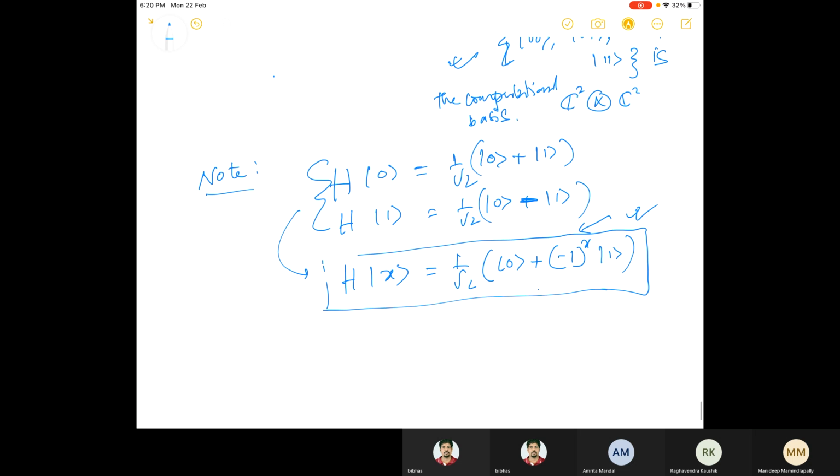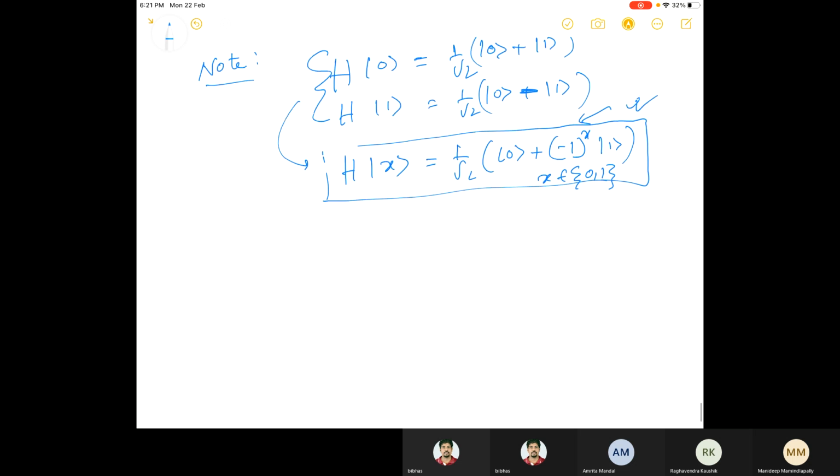And now here you see x is just classical, 0 or 1, doesn't matter. Either it is 0 or it is 1. So this Hadamard gate is particularly interesting. And now I'll talk to you about something else that is fundamental in terms of physics.